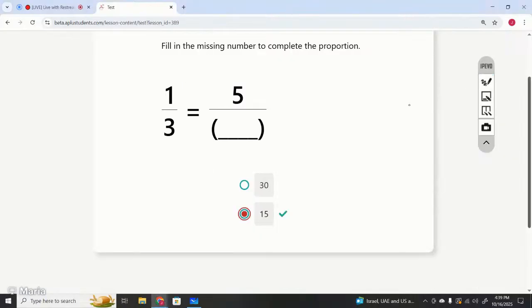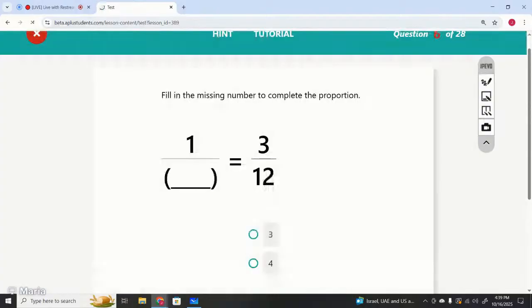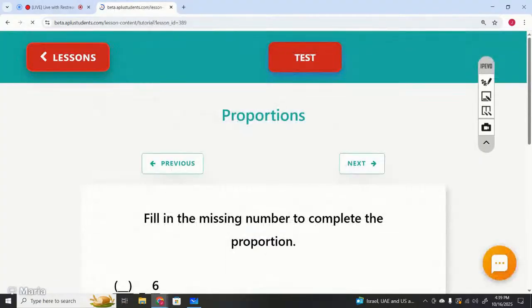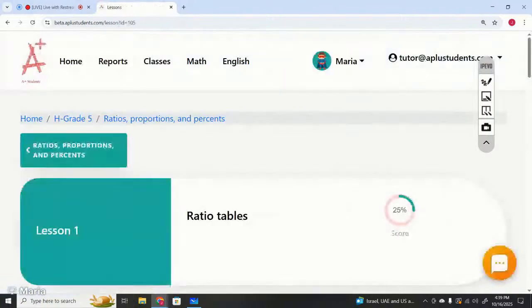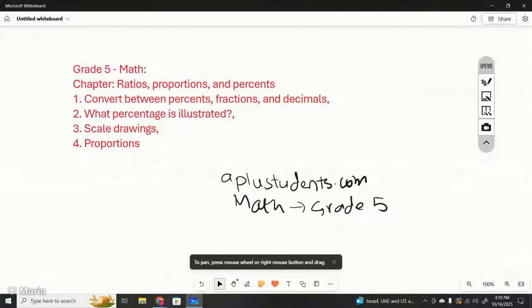Okay, you can complete the lesson by yourself later today. The lessons today were ratios, proportions, and percents: convert between percents, fractions, and decimals, what percentage is illustrated, scale drawings and proportions.